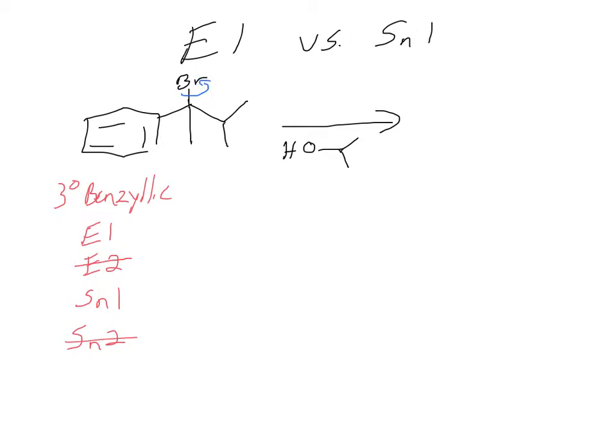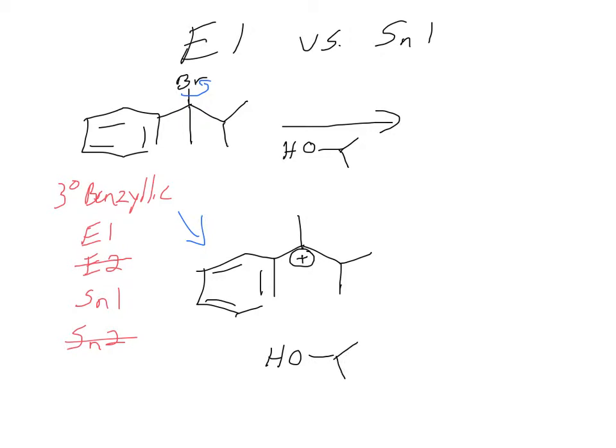We're going to form a carbocation. There's a tertiary benzylic carbocation, which is really good and stable. Now, either our solvent here, the isopropanol, is going to be a nucleophile or it's going to be a base.